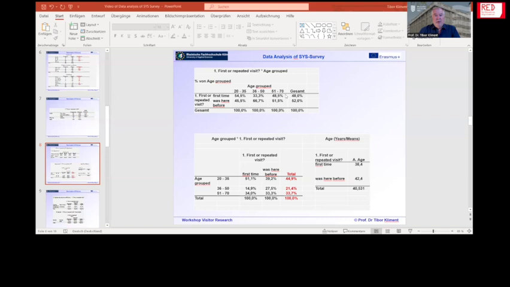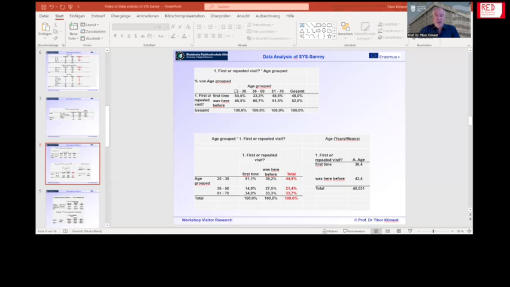So what we can see here is that the biggest share of first-time visitors are among the younger visitors. Between 20 and 35, the share is around 55%, whereas between 36 and 50, this share is significantly lower, and also it's a little lower among the older visitors.